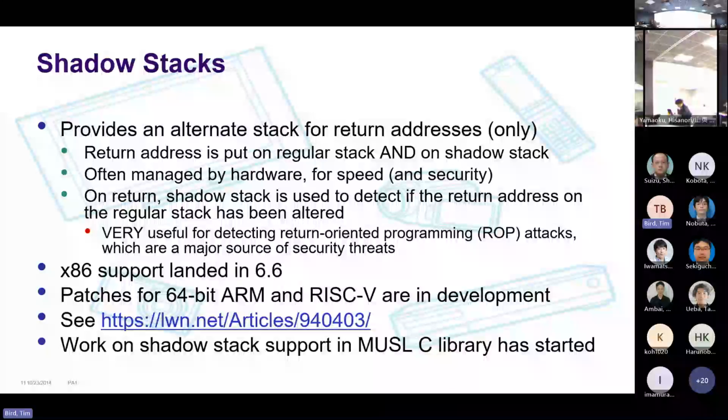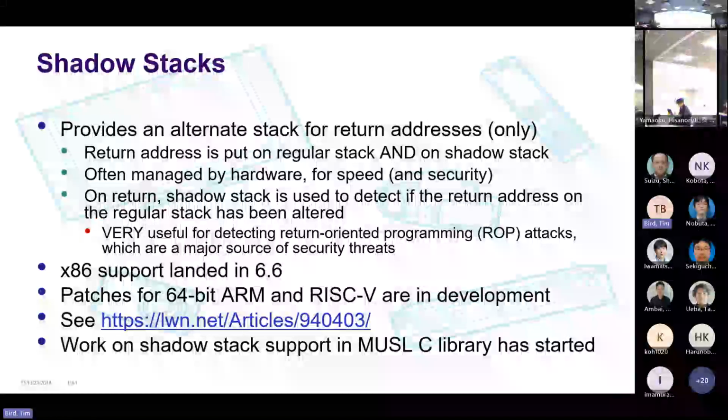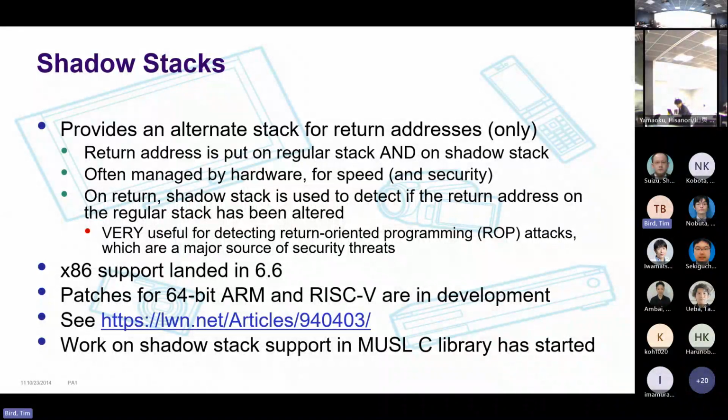What happens is that the return address is compared when the processor executes a return. The value that's on the shadow stack is checked to see if the return address is the same on the regular stack as on the shadow stack. And you can tell that way if the regular stack has been altered.